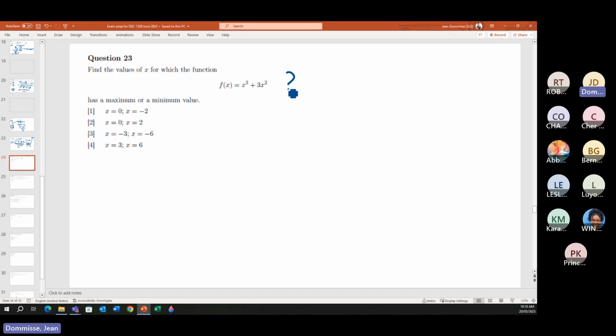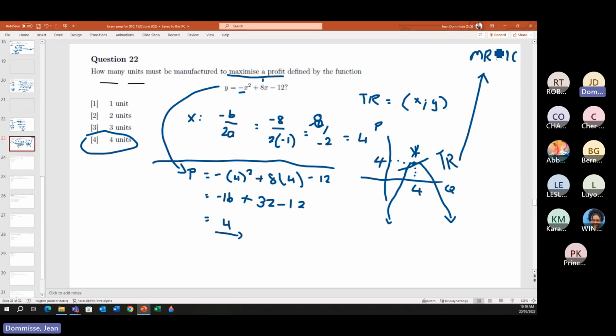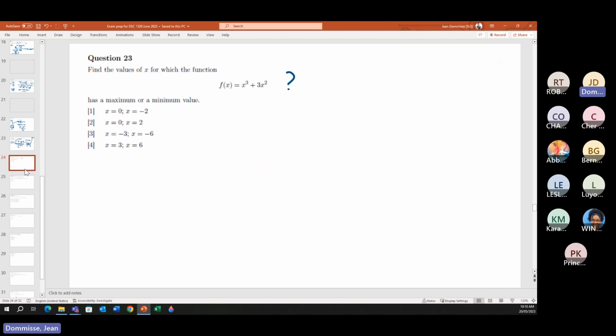It's like what we did here. We don't know what the formula looks like, so we need to differentiate that.